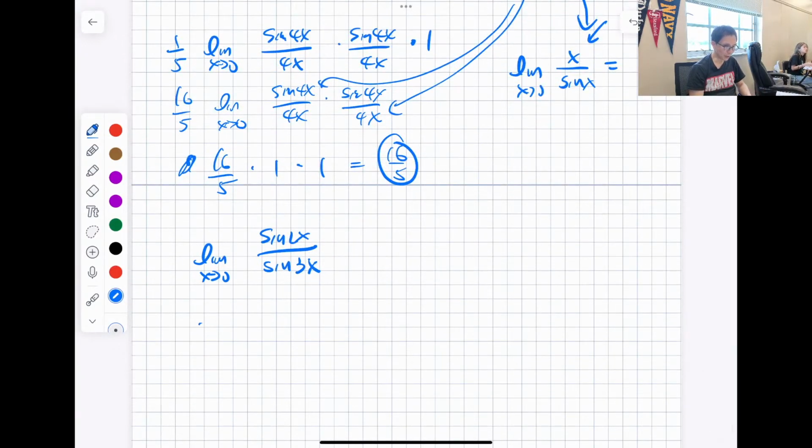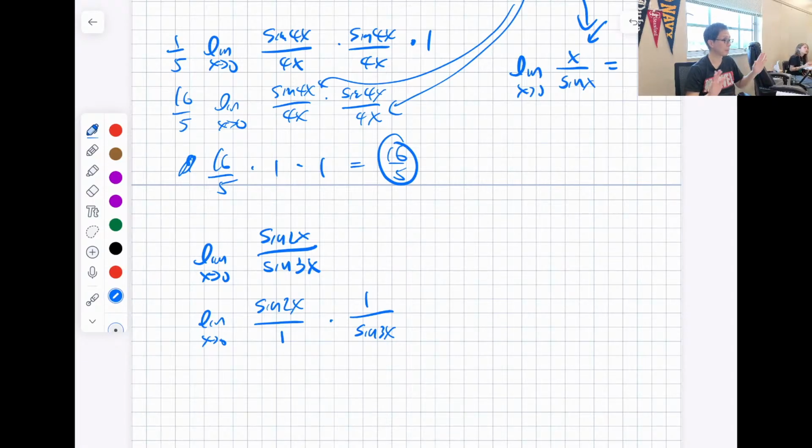So then you say, okay, the limit as x approaches 0 is going to be sine of 2x over 1 times sine of 3x over 1, right? Can you break the limit apart into two separate fractions like this? If I multiply them together, am I going to get sine of 2x over sine of 3x? Yeah.